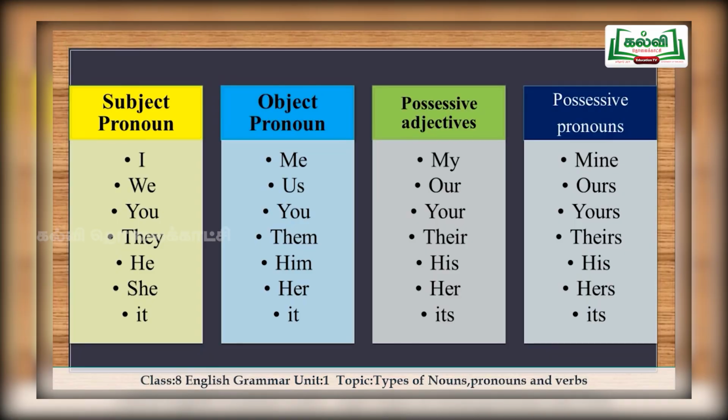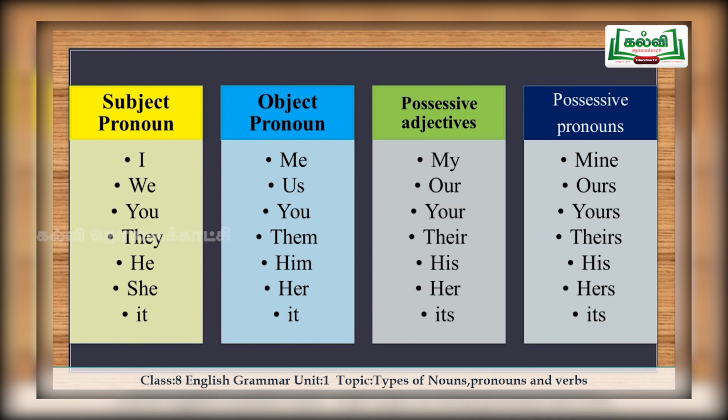Subject pronouns: I, we, you, they, he, she and it. And object pronoun examples: I changes to me and we changes to us. You remains the same. They becomes them. He becomes him. She becomes her and it remains the same.